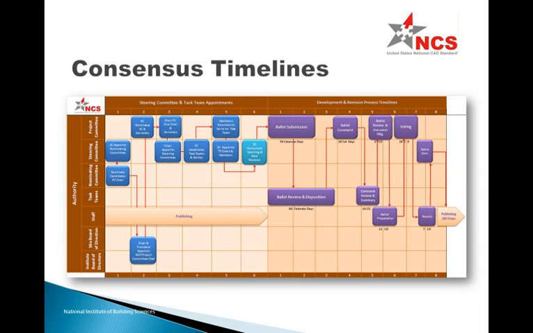That goes out through the full membership, and following receipt of interest from the membership, then the steering committee will be appointing task team chairs and members of the task teams. The task teams are between 3 to 9 members.